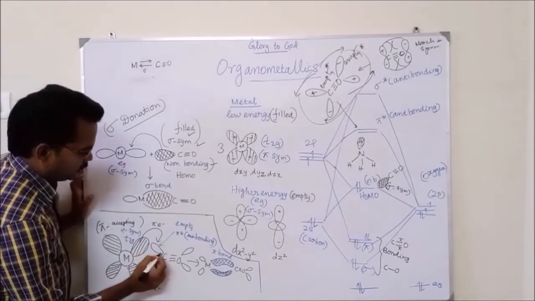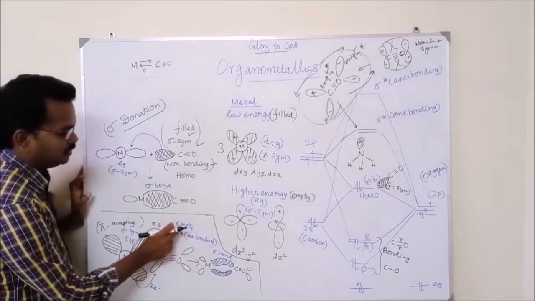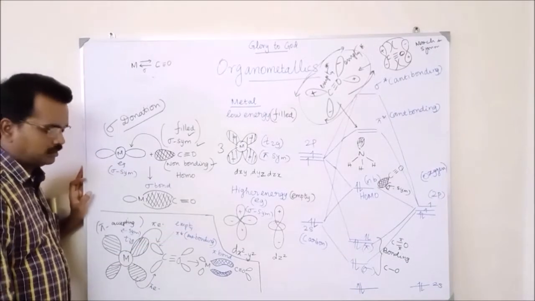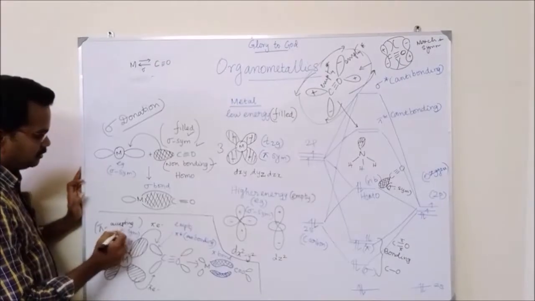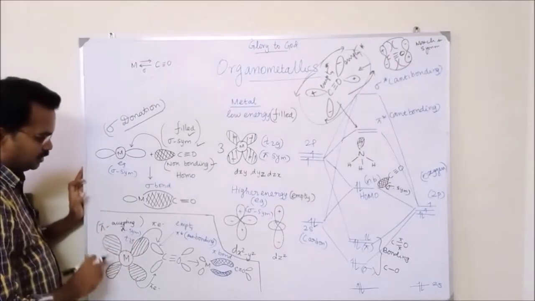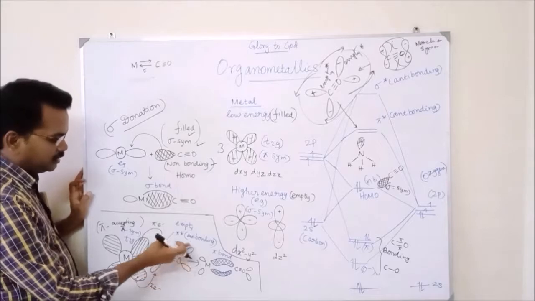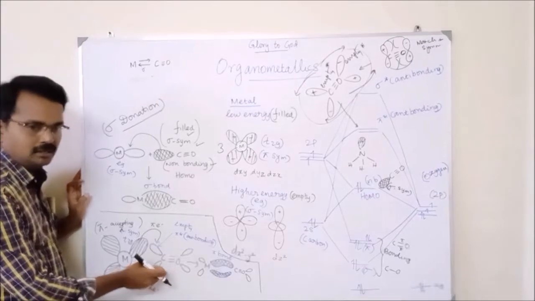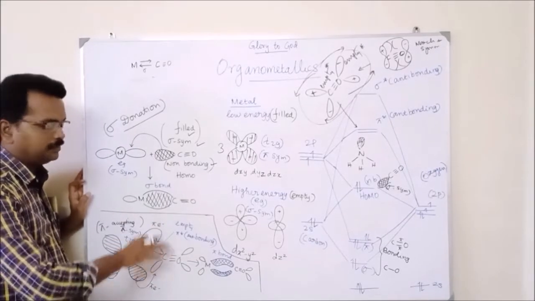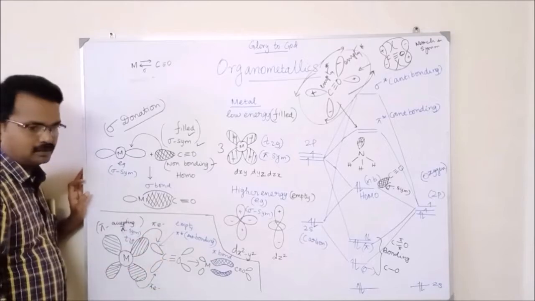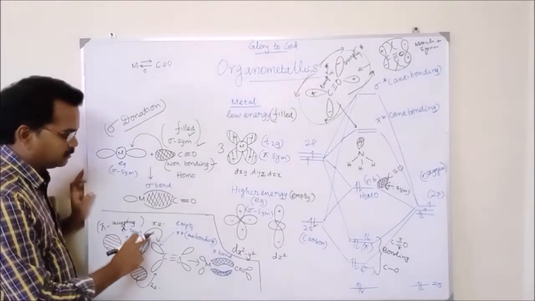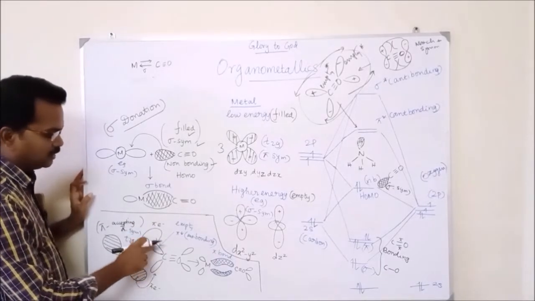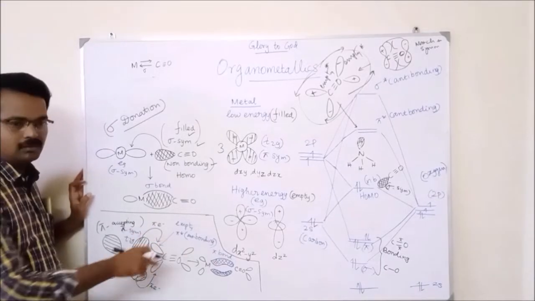Here it is the empty pi star antibonding orbital of the carbonyl group, and this is the pi symmetric T2G orbital of the metal. Since this antibonding, empty orbital of the carbonyl group doesn't possess any electrons, the metal donates its pair of electrons to the empty orbital of the carbonyl.